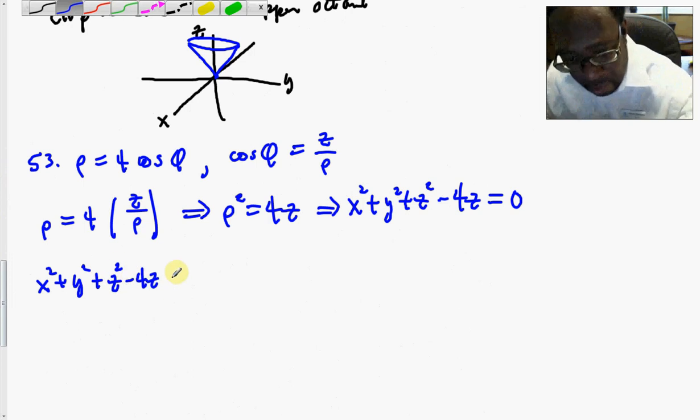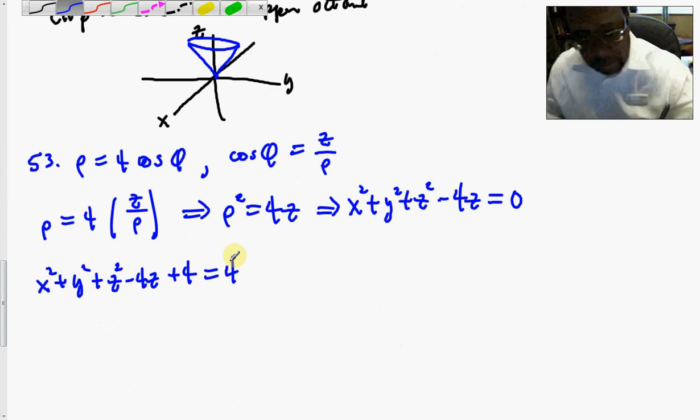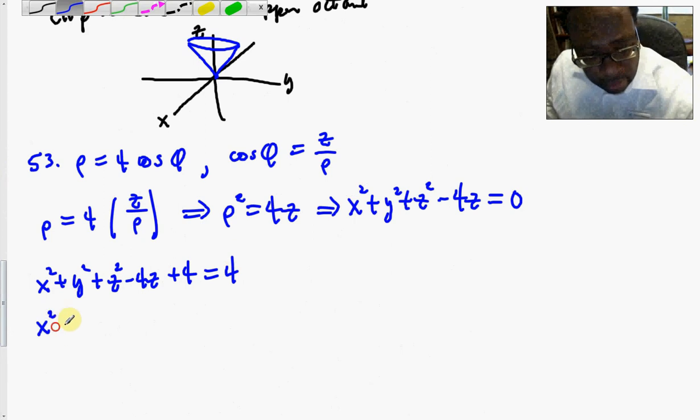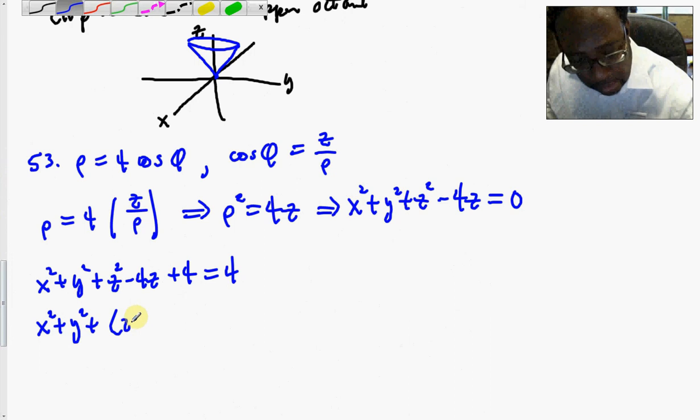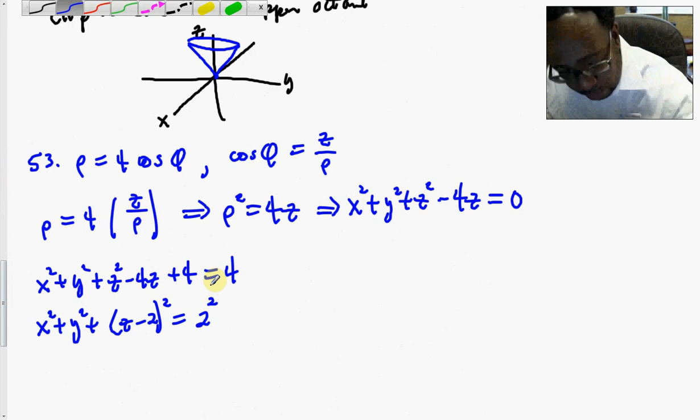Take half of the 4, we get 2, squared we get 4, we add 4 to both sides. So we have x squared plus y squared plus z minus 2 squared is equal to 2 squared.